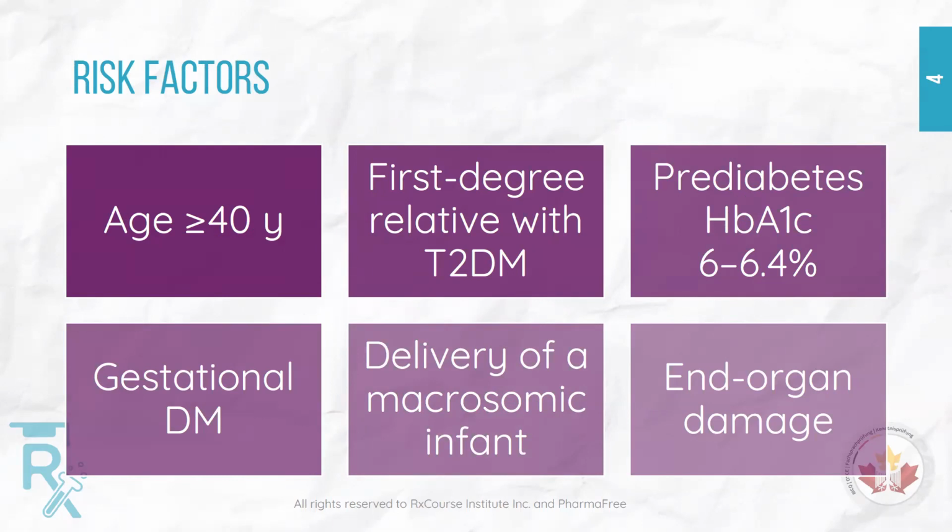If the patient is pre-diabetic, and when we say pre-diabetic, it means that the HbA1c is between 6 to 6.4, or if a woman developed gestational diabetes during pregnancy, she has a high chance of developing diabetes type 2 after giving birth, delivery of a macrosomic infant, or if someone has end organ damage like kidney dysfunction, this leads to less ability of the body or the kidney to get rid of glucose, and this increases the chance of developing diabetes.